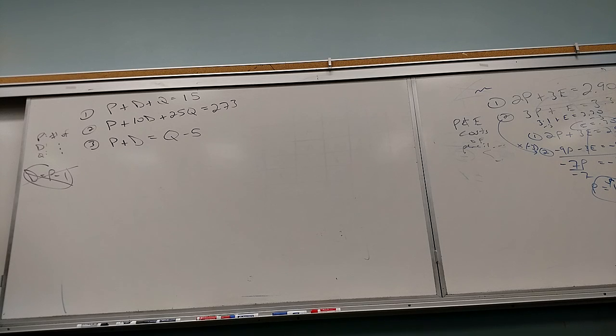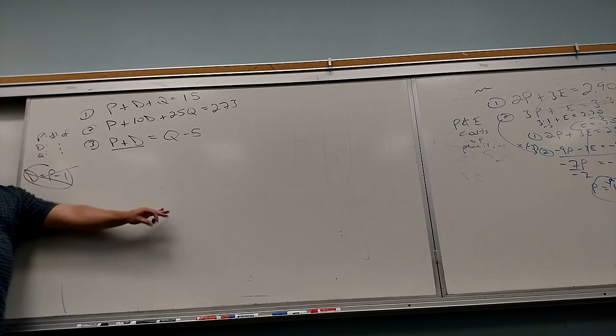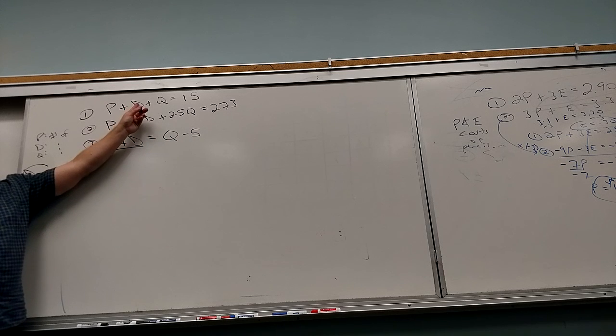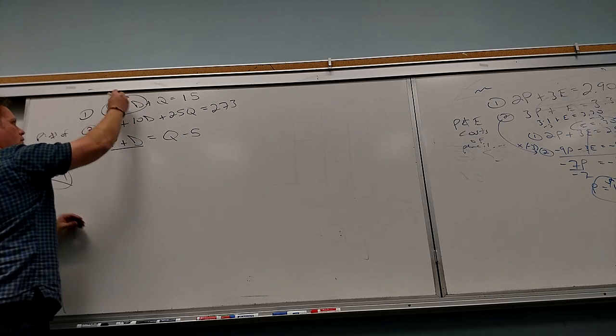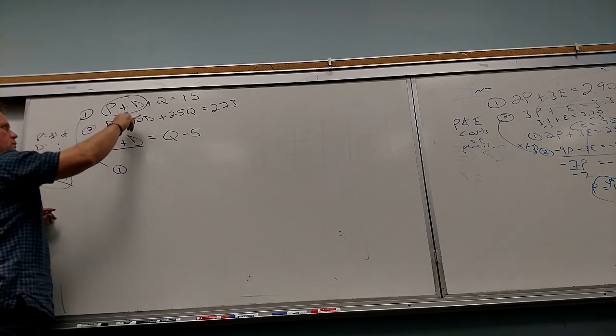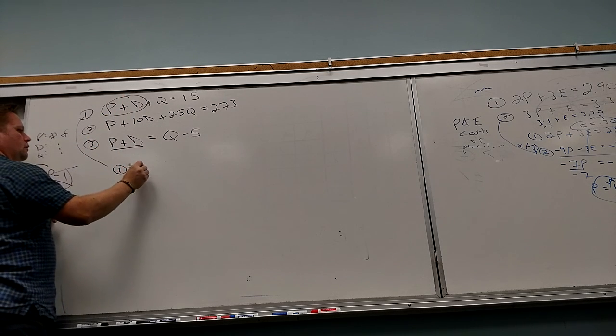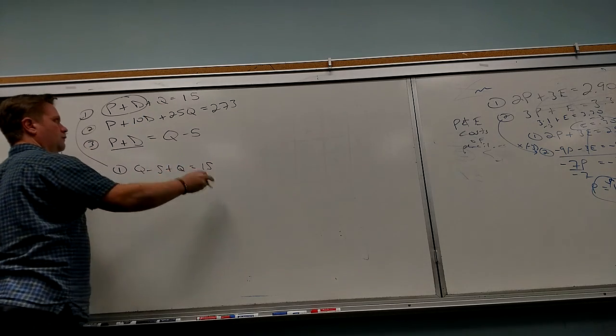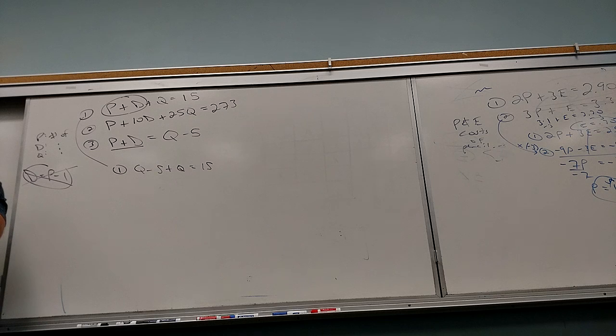I want to see if you can realize, I know what P plus D is. What is it? Q minus 5. Look at the first equation. What can I put right here? What is P plus D? Q minus 5. Plus Q equals 15. So 2Q minus 5 equals 15, so Q is 10.